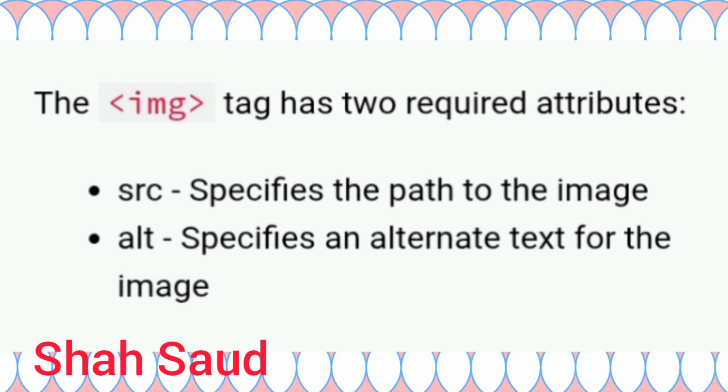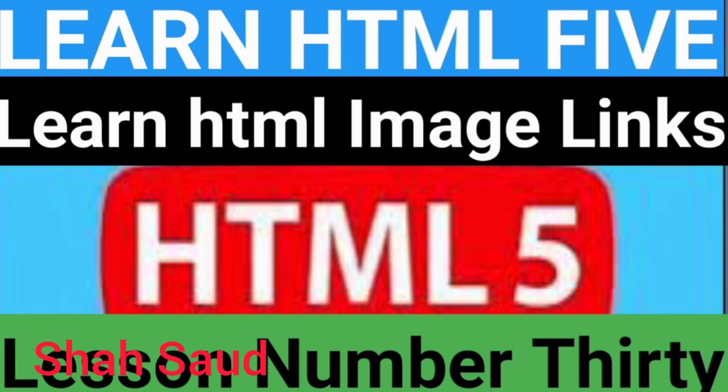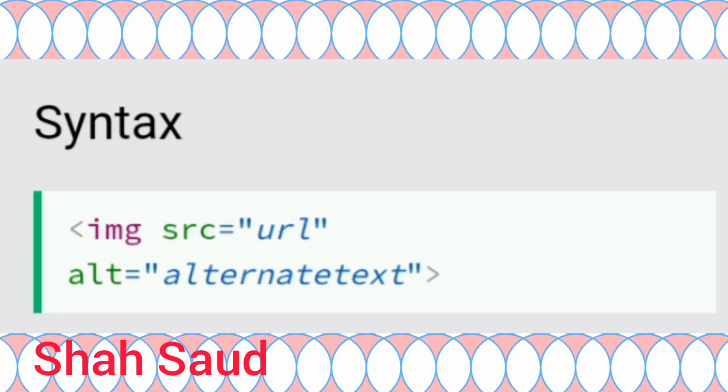So src means source and alt means alternate. The src specifies the path to the image, and alt specifies an alternate text for the image. These are the two attributes of the image tag in HTML.